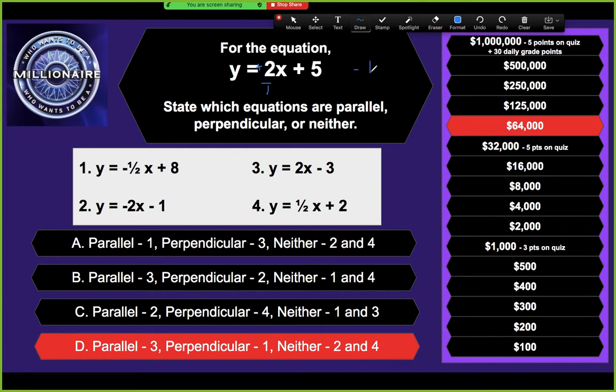And I'm going to flip my fraction around to have the 1 on top, 2 at the bottom for perpendicular. So that is number 1. And the ones that are neither are negative 2 because they forgot to flip the fraction, and 1/2 because it is a positive 1/2. They didn't do the opposite. So those are neither.